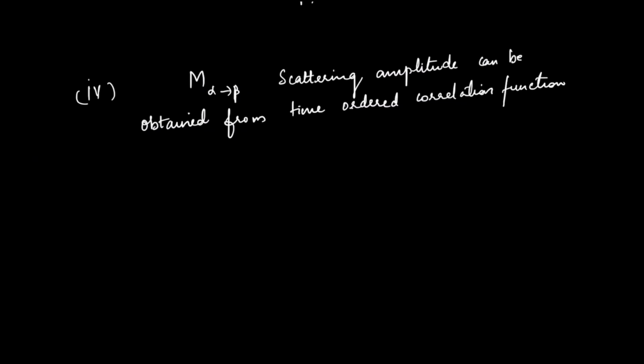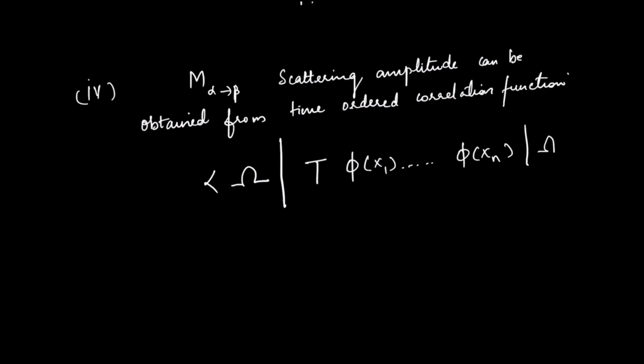What is the time ordered correlation function? I have a state, then T, time ordering, of phi of x1 up to phi of xn, and omega.